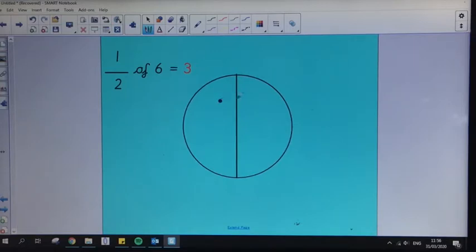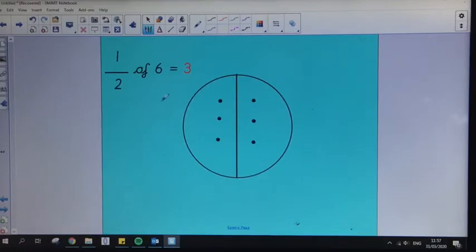Ready? 1, 2, 3, 4, 5, 6. Okay, then all I need to do is count up the amount of dots just in one section, and you'll see there are 1, 2, 3 dots. So that gives us our answer of 3.